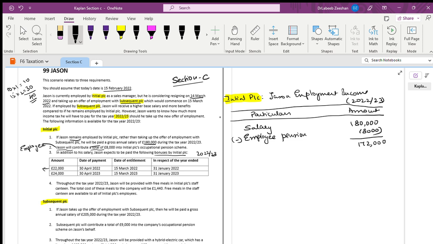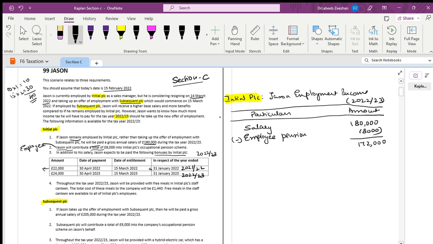In respect of the year is 31st January. Which year is this bonus for? 2021 and 22. The previous year. Yes. And this bonus is for which year? 2022 and 23.